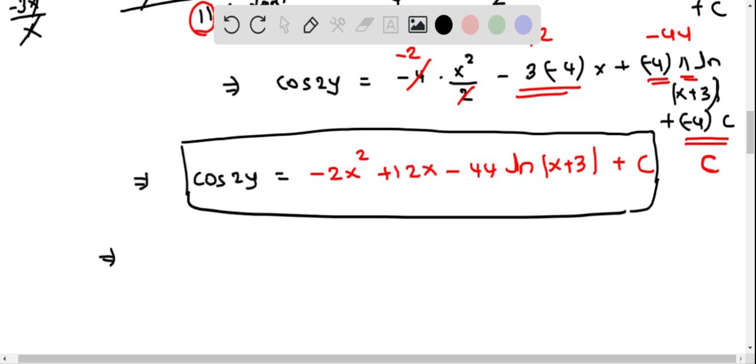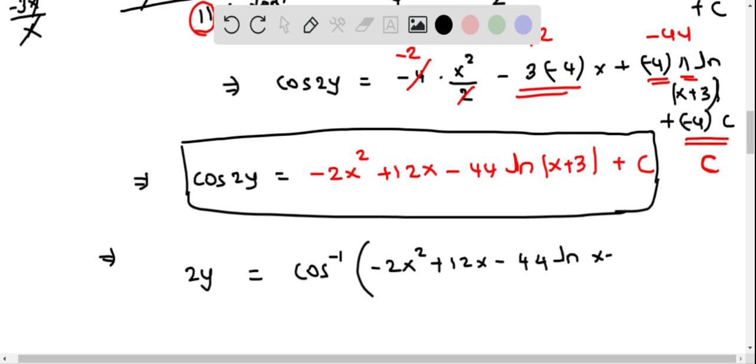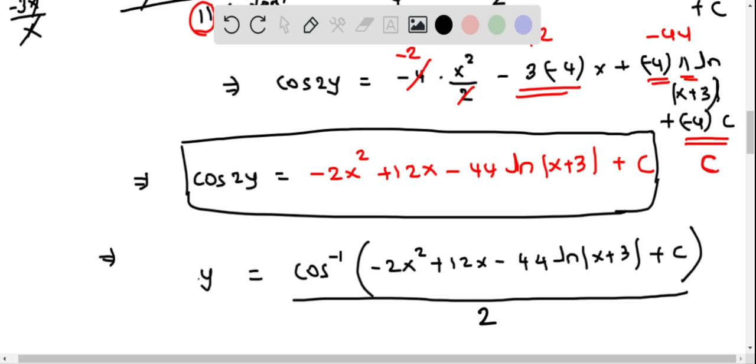In case we have to give it in a different form, we take the cos inverse on both sides, so then we will get 2y equals cos inverse of whatever we have on the right side, that is cos inverse of negative 2x squared plus 12x minus 44 times natural logarithm of absolute value of x plus 3 plus C, and then since we want to solve for y, we can divide by 2 on both sides, so therefore y equals all this quantity on the right side over 2.